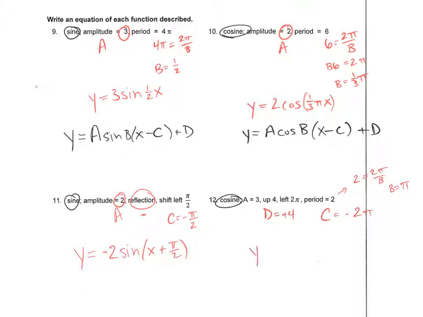So that is y equals, no reflection, but there is A, so 3 cosine. All right, B is pi, and so I have x minus, C is negative 2 pi, so plus 2 pi, and then at the end I've closed the parentheses, and then I add 4 to go up.